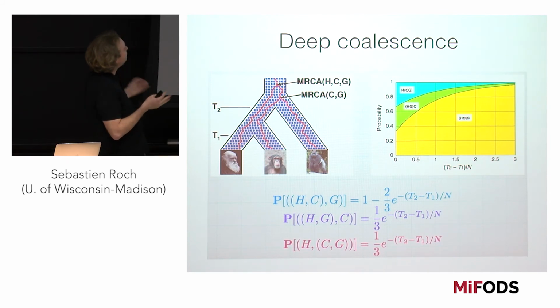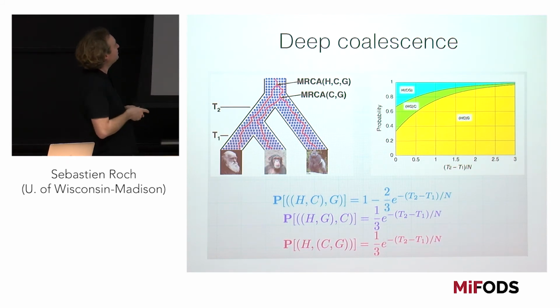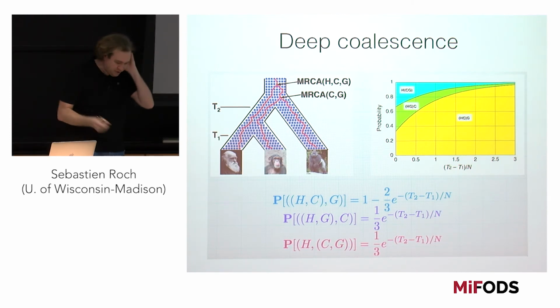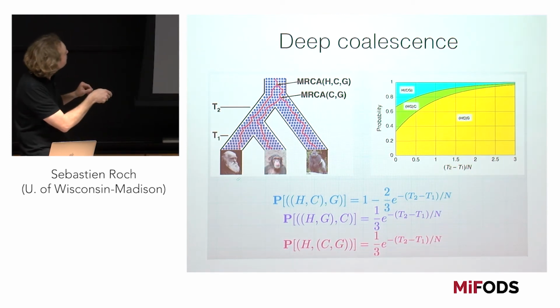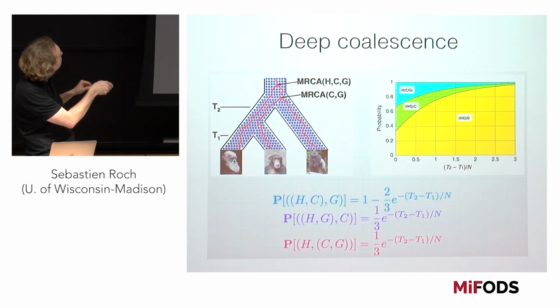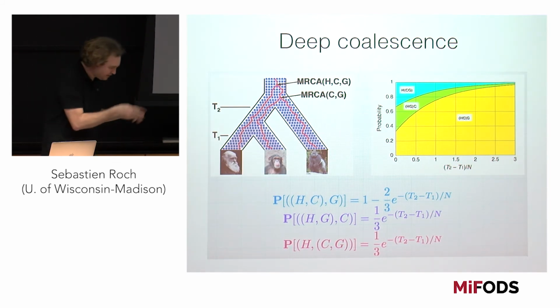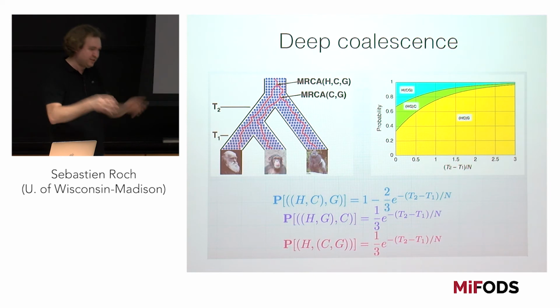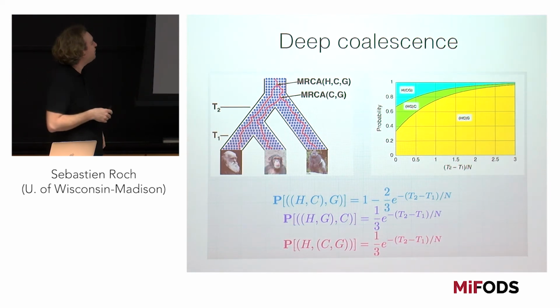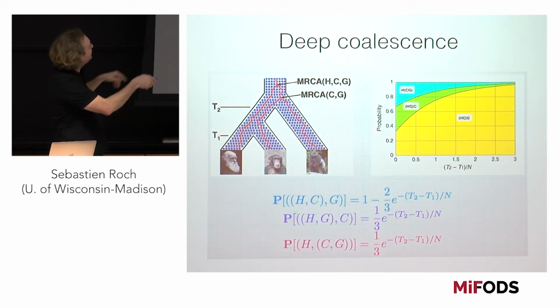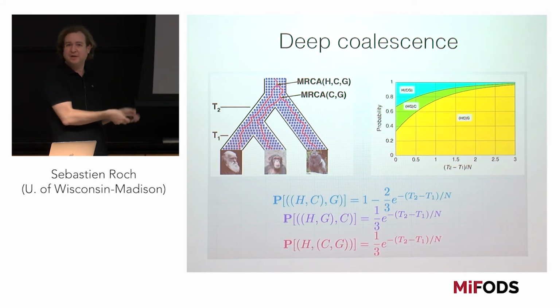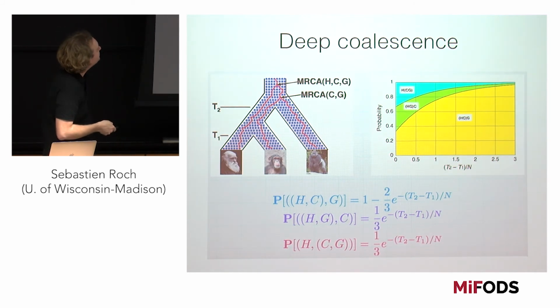And so once you have a model like this, you can actually compute probabilities of different things happening. So this is human, chimp, gorilla. If you look at human, chimp, gorilla, right, so presumably chimp is more closely related to human than to gorilla. But if you look at different genes in those genomes, you'll see that there's a certain fraction of them, a non-trivial fraction of them, where it looks like chimp is more closely related to gorilla. And one possible reason is what happens here.